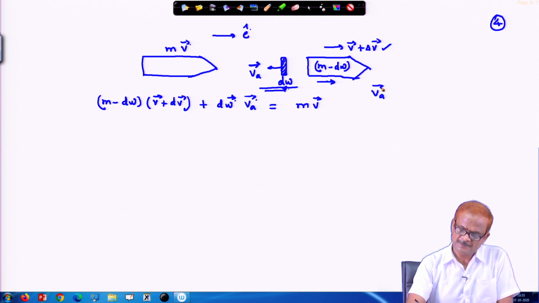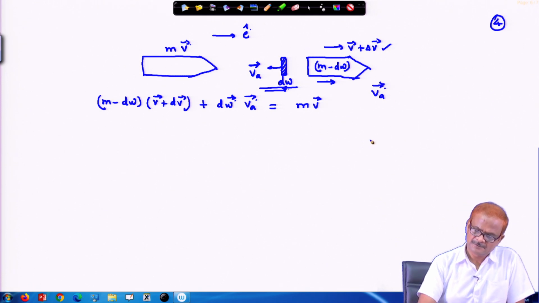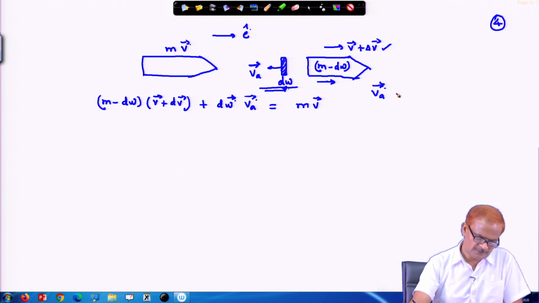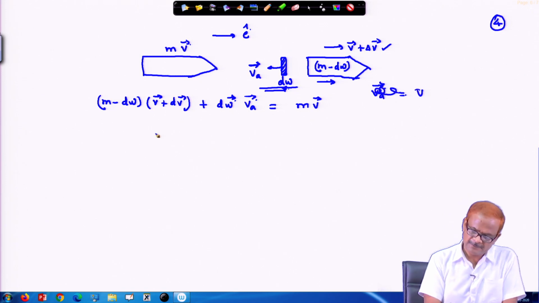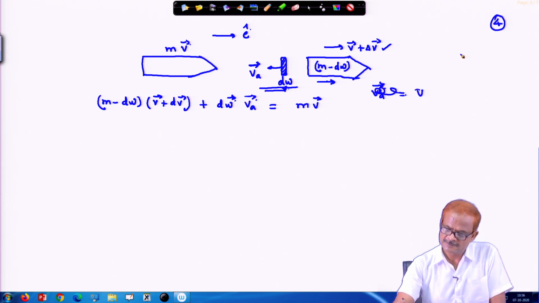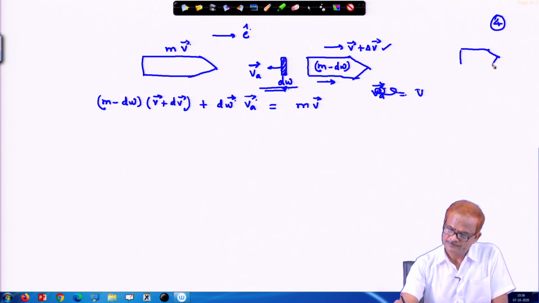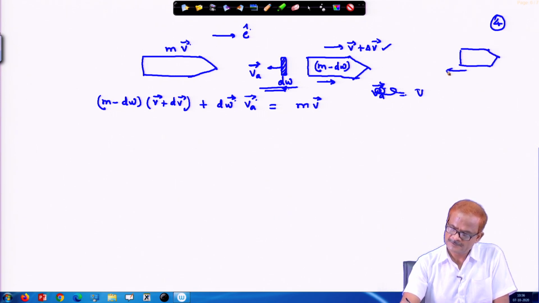Now, v a is the absolute velocity of this, and the absolute velocity equation we can write as, see here we can show it like this. With respect to the rocket, v is the exhaust velocity. Okay, rocket itself is moving here in this direction with velocity v.